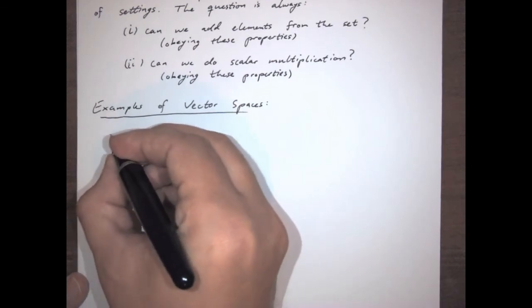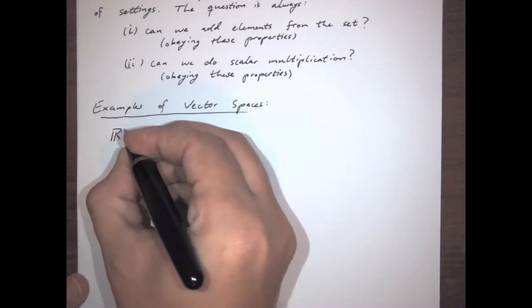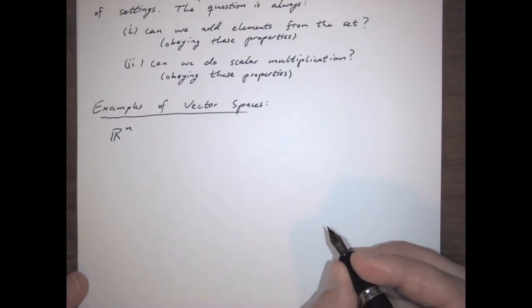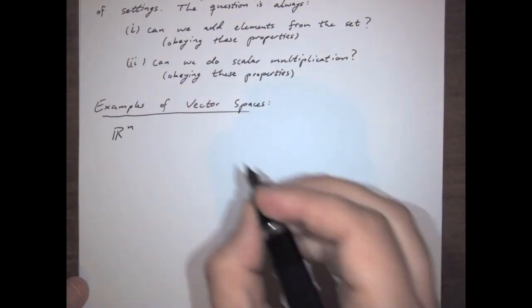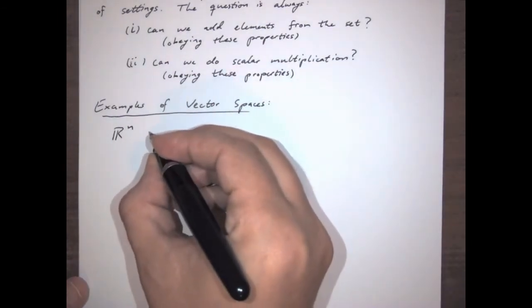So first off, Rn. So Rn is the classic space of n-dimensional column vectors.